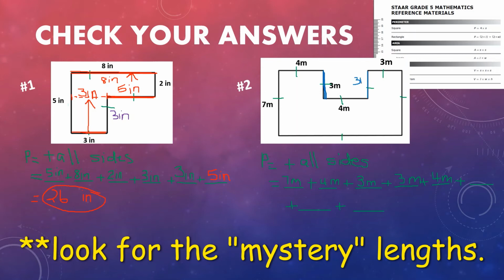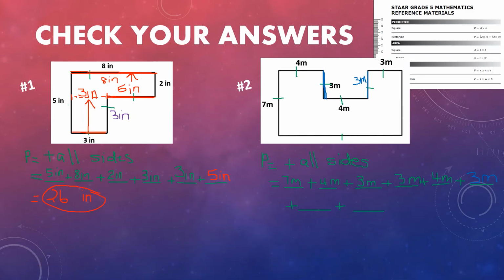I know that this right here was 3 meters, so I'm going to put that down in my formula, 3 meters. The next one I'm going to look at is this one missing length right here. And as you can see, it's the exact same length as this side. And so I know that this missing length right here must also be 7 meters. And I'm going to put that into my formula.